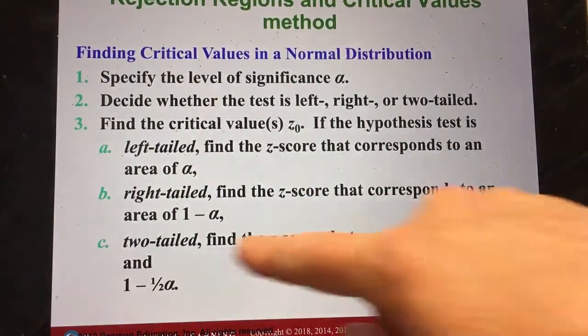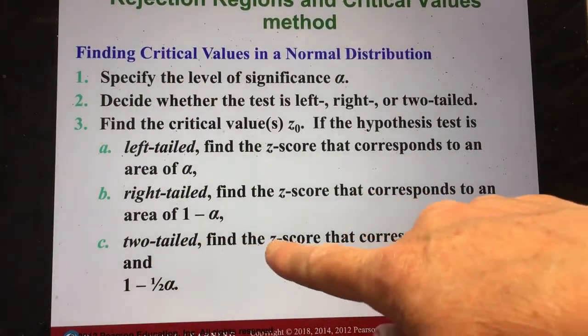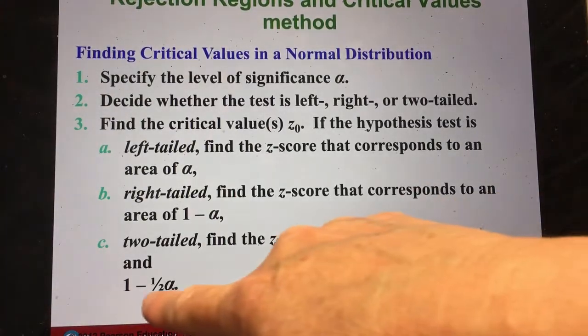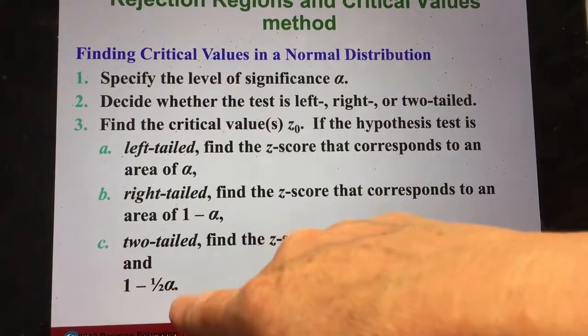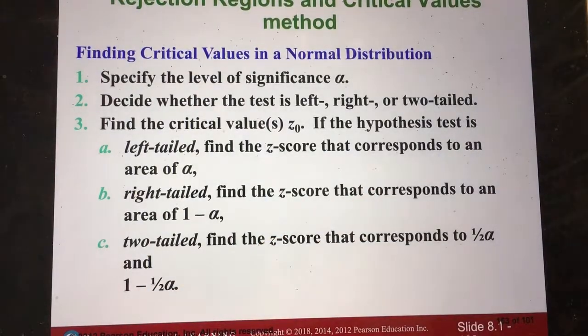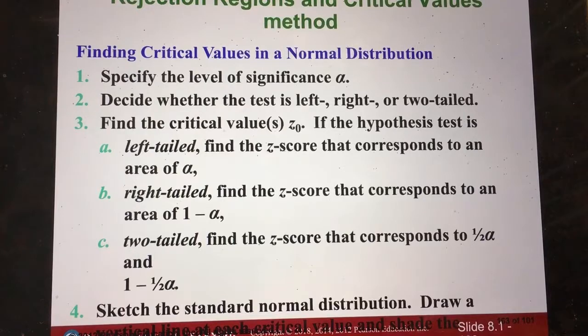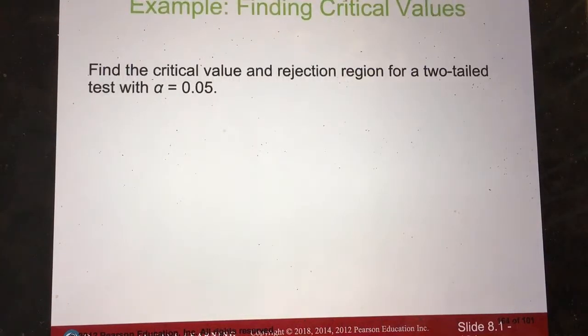And then two-tailed, we're going to find the z-scores that correspond to 1/2 of alpha and 1 minus 1/2 of alpha. It's the same thing we've been doing before. The alpha has to be split between the two tails. Okay, we're going to sketch our graph.